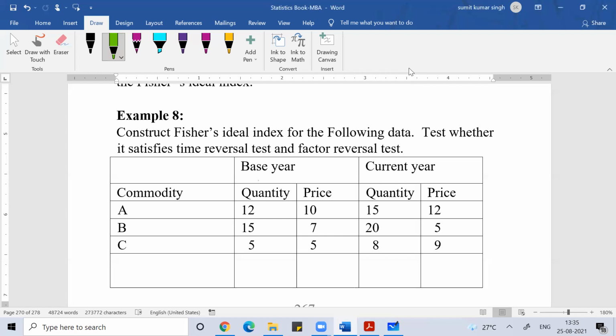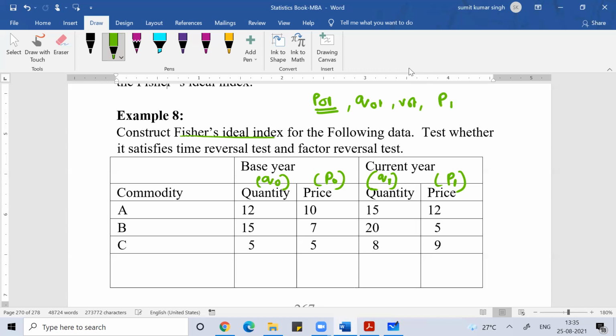So in the base year, this will be your Q naught, this will be your P naught, this will be your Q1, and this will be your P1. Now I'll calculate the Fisher ideal index value. I'll calculate the P01 price index number, the quantity index number, and then the value index number.